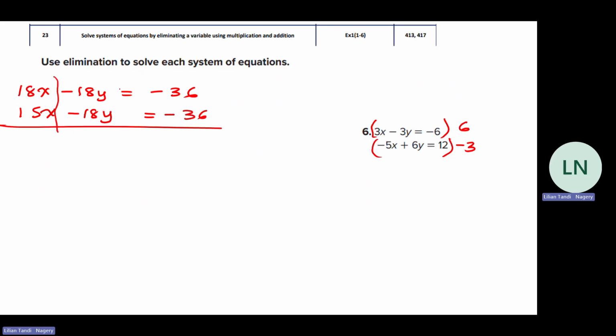I make my columns line up. I will subtract here because the signs are the same, the numbers are the same, the letters are the same. So this is 0, this is also 0, and this is 3x. Divide by 3, x is 0.